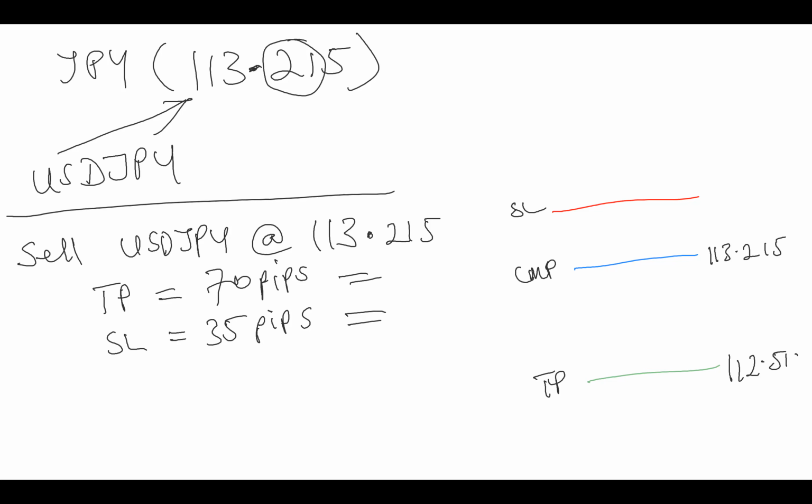This is going to be your take profit because we're expecting price to drop 70 pips, right? So SL is going to be what? Someone has already calculated it. Wow, that's sharp. SL is going to be what? What is going to be my SL?